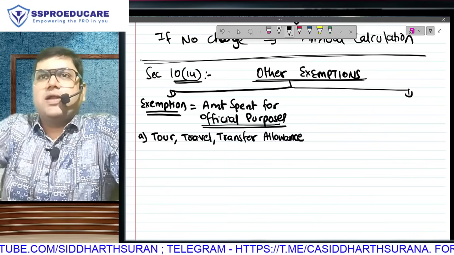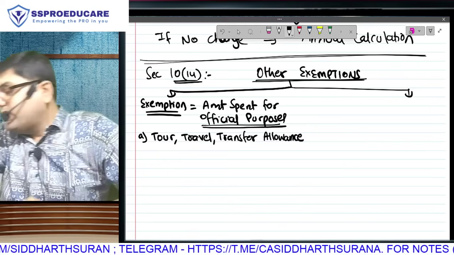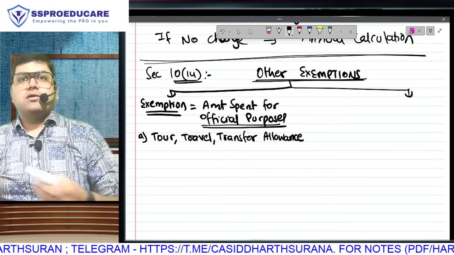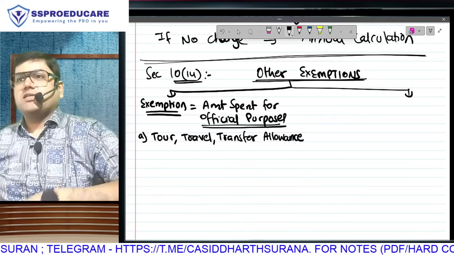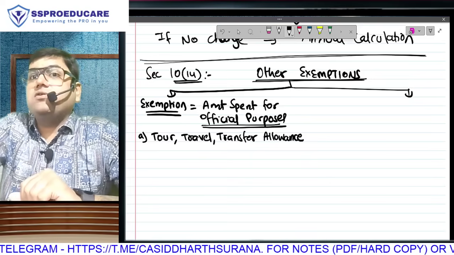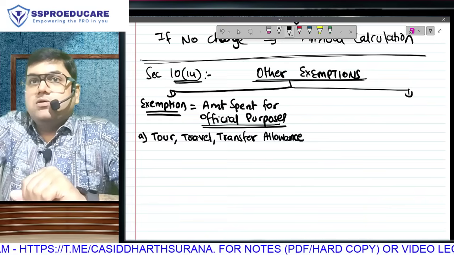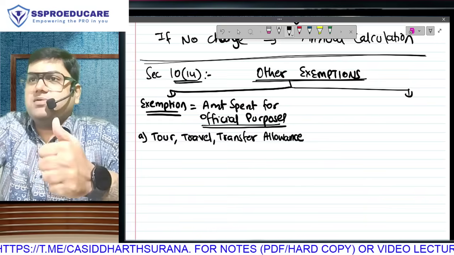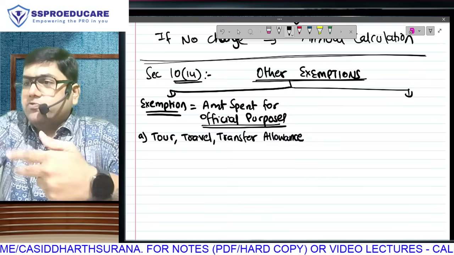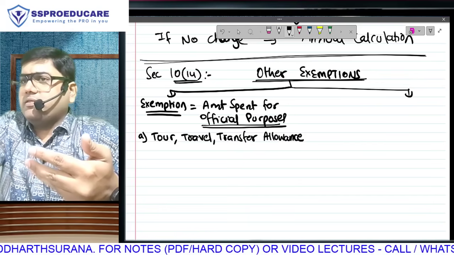Your boss is giving you 2 lakh rupees to go on an official tour. Be mentally prepared, one fine day you will enter your articleship phase. So employers are going to give you money to go on outstation audits. 2 lakh rupees given, because if they have to send you on an outstation audit, they will have to pay for the ticket, travel, all that. They are sending you from Mumbai to Ahmedabad, so they will give you the train or flight ticket, hotel stay, food, local travel from one place to another if you're traveling by auto or anything.